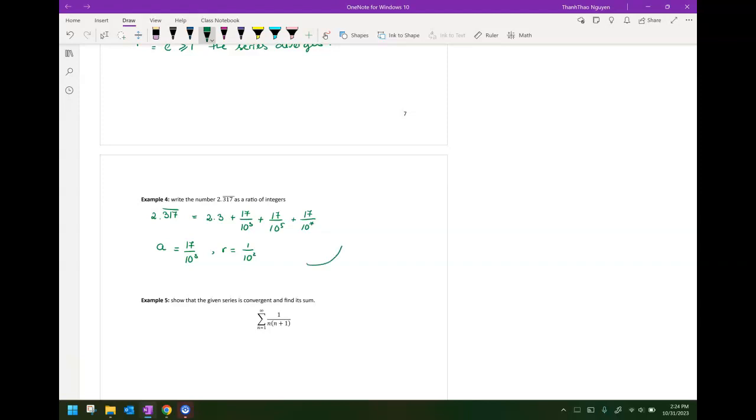So this means 2.317 with the 17 repeating is equal to 2.3 plus the sum of the geometric series that comes after it: 17 over 10 to the third, divided by 1 minus 1 over 10 squared. And this makes 1147 over 495.